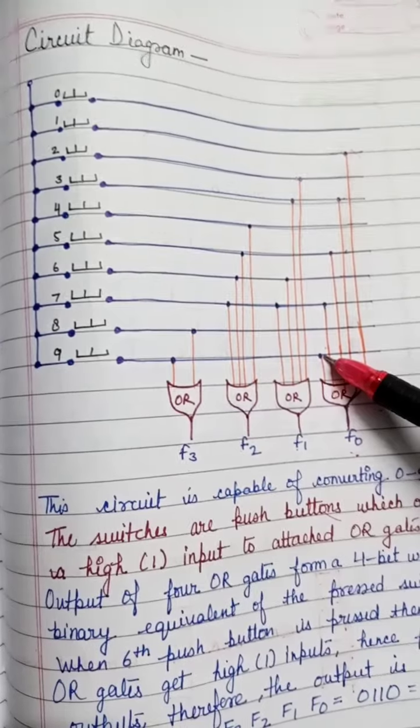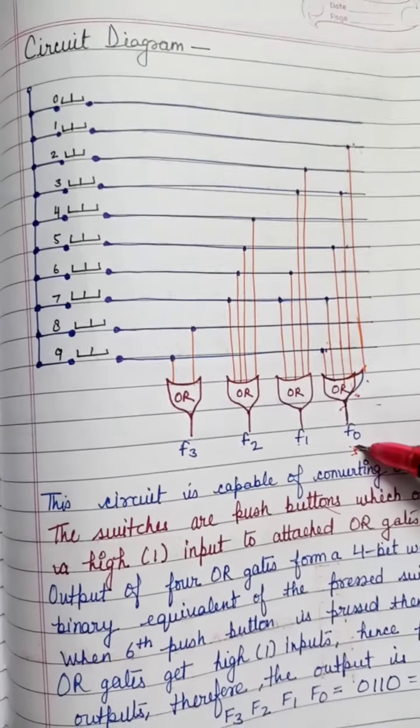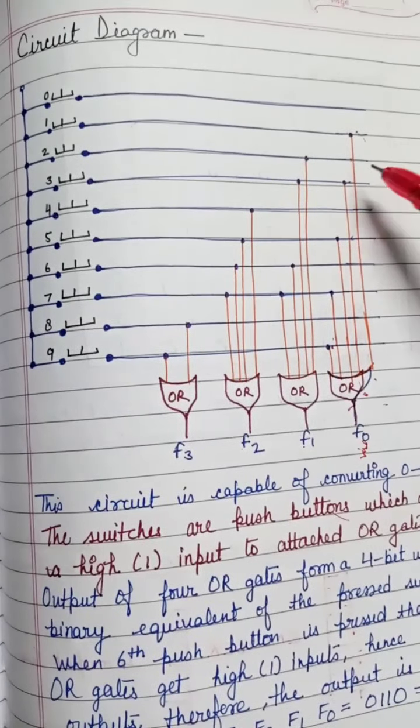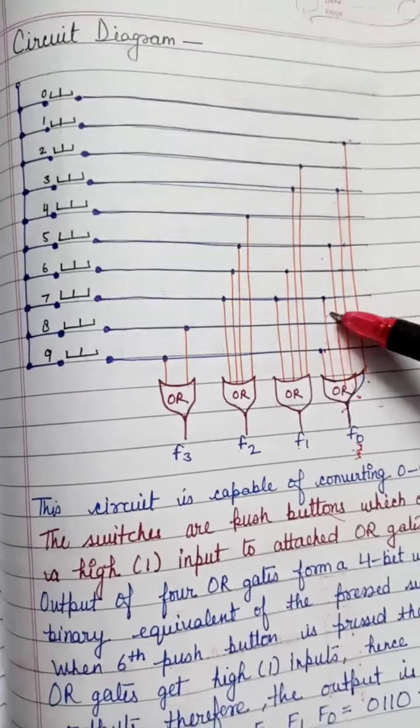You will be making the lines to this OR gate, that is F0, as in F0 the values you are getting ones are in 1, 3, 5, 7, 9.